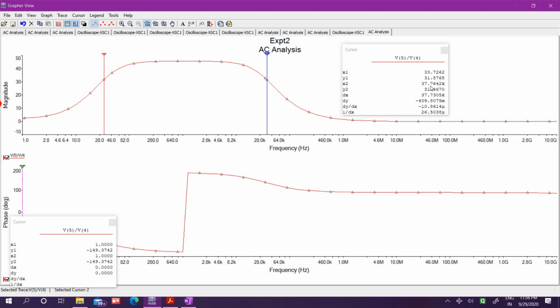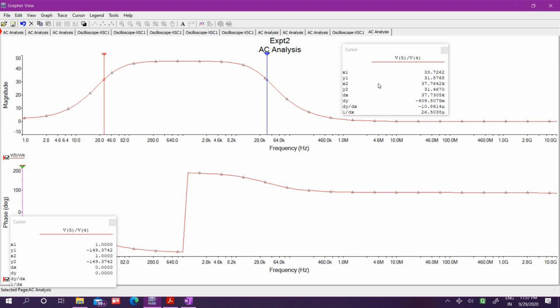So this is how the shunt capacitance affects the performance of the amplifier. The bandwidth is reduced, so the source bypass capacitance and shunt capacitance also have an effect on the frequency response. The source bypass capacitance will affect the lower cutoff frequency, and the shunt capacitance will affect the higher cutoff frequency. So this is all about experiment number 2.